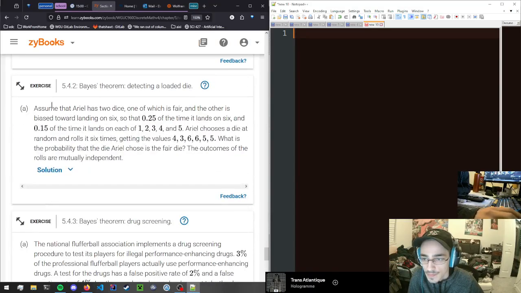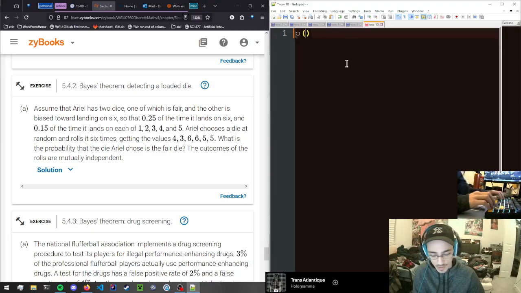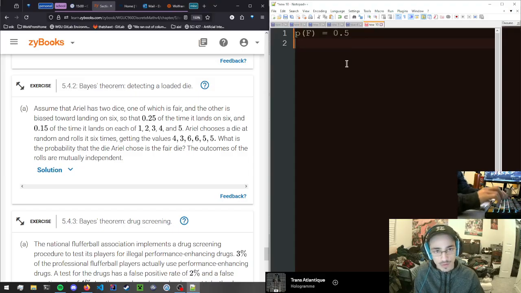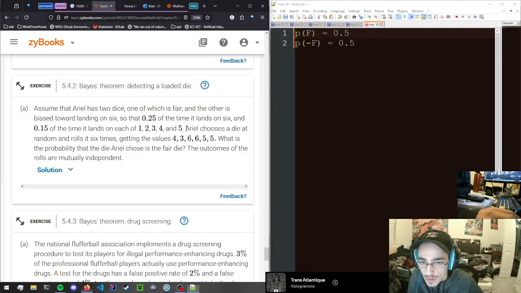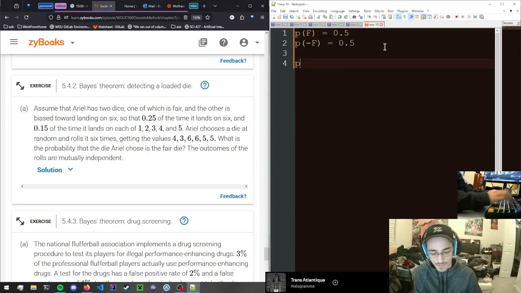So let's say that Ariel has 2 dice, right? So she has 2 die. Let's get the fair thing and the not fair. Yeah, so she chooses a die at random. So yeah, 0.5.